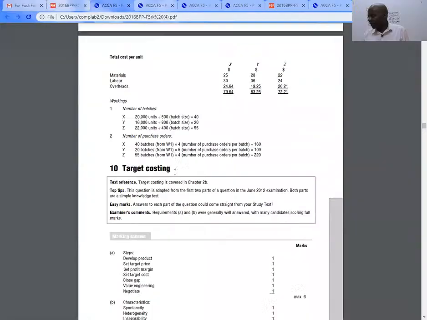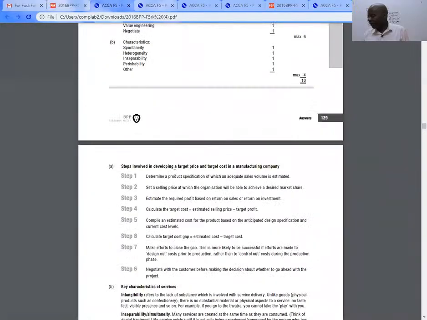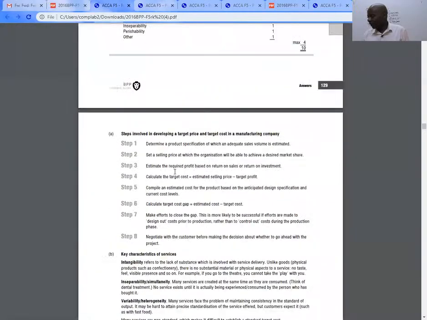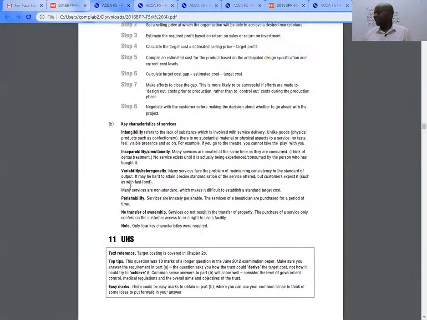So like now this is page number 130, especially on the key characteristics of services.